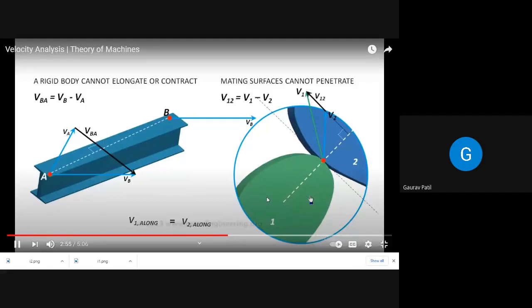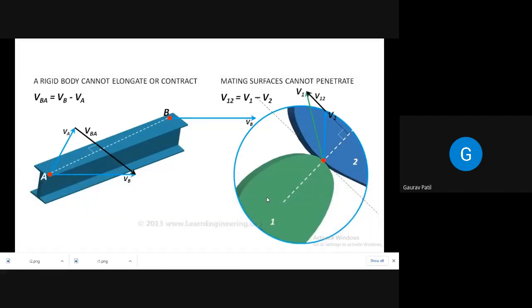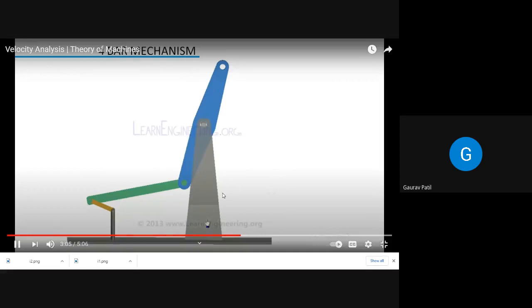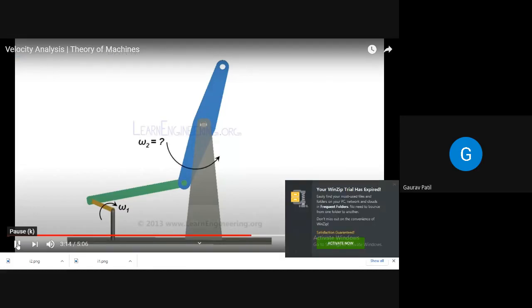Now we will apply these two concepts on different mechanisms to do velocity analysis. First is a 4-bar mechanism. We know the angular velocity and we want to find out outlet velocity. Here the approach is simple. We will say that the bar cannot expand or contract.